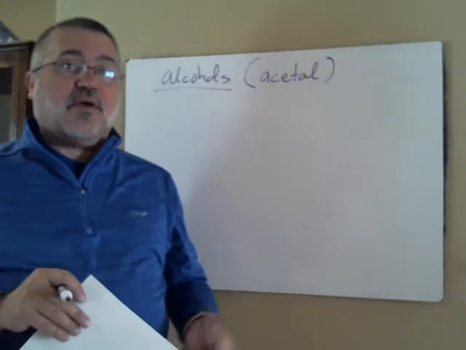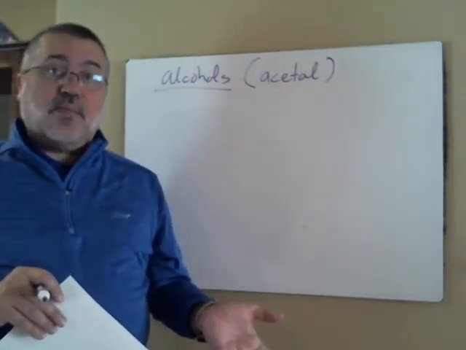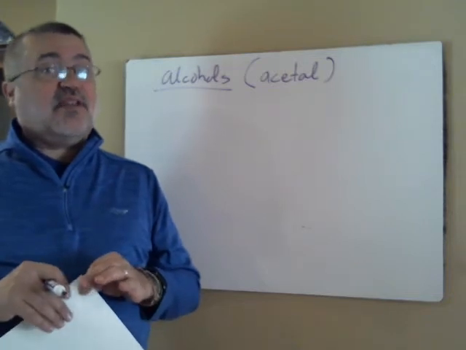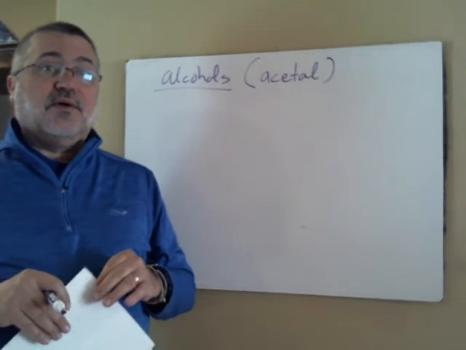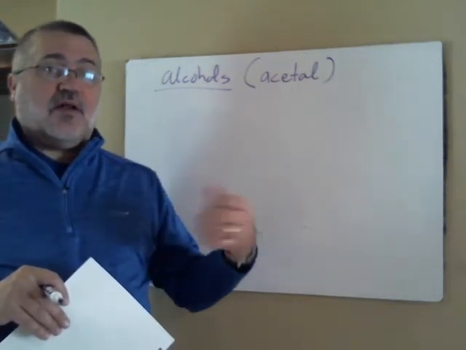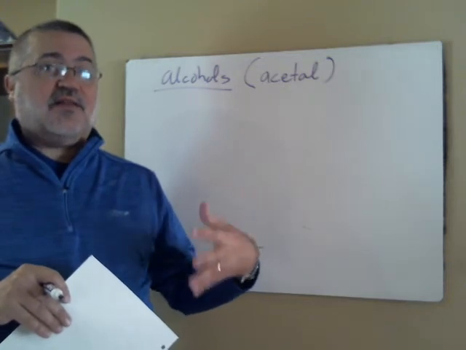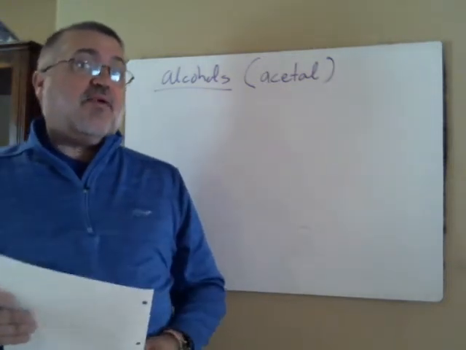But another important thing is we're going to see that these acetals that form are actually good protecting groups for carbonyls. So you can react a carbonyl compound with an alcohol and it forms this functionality that serves as a protecting group. So we're going to bring that principle back in.